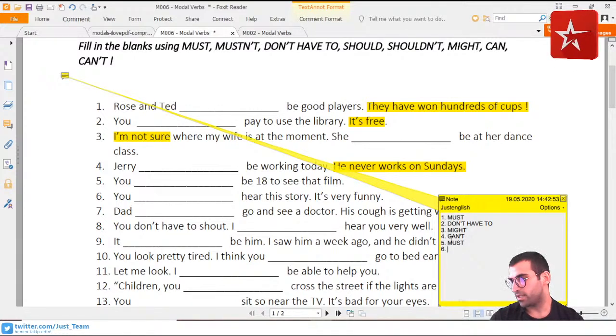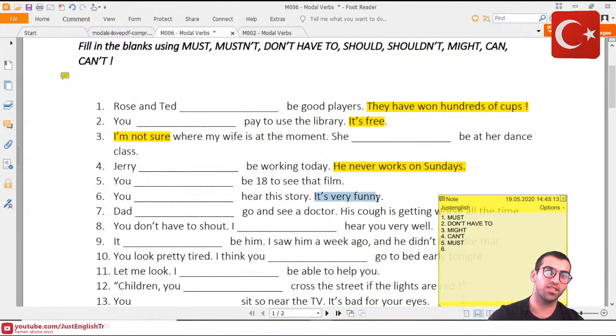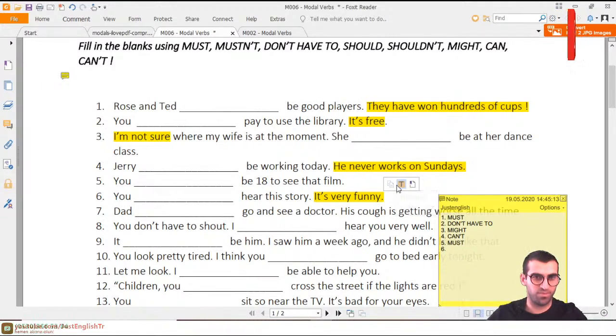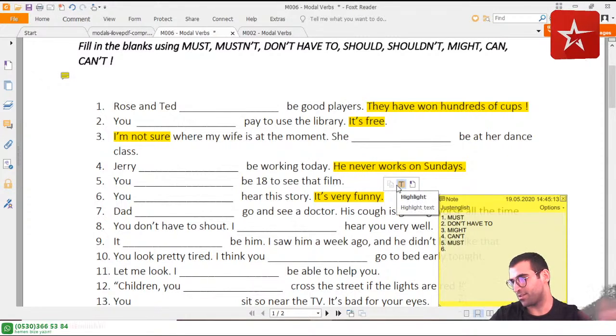I am waiting for your comments for number 6. I think number 5 and number 6 are the same. If something is very funny, it means it is watched by most of the people. It means you must hear this story. It is very funny. Not you should.